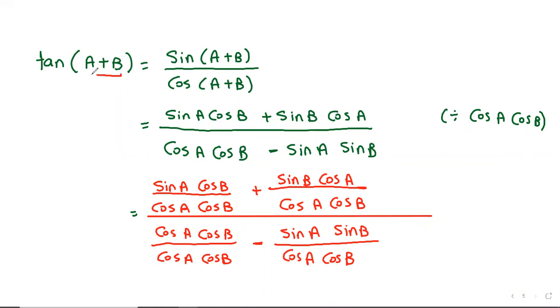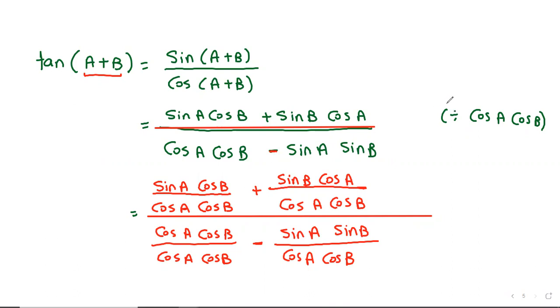Here the angle is A plus B, so we write sine A plus B over cosine A plus B. Then write the rule of the sine: sine A plus B equals sine A cosine B, sine first multiplied by cosine the second angle, plus sine second cosine first, all divided by the rule of the cosine: cosine A cosine B minus, just changing the sign, sine A sine B.